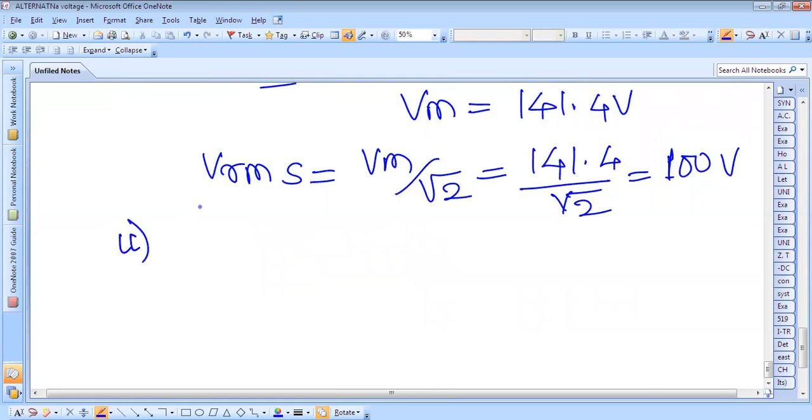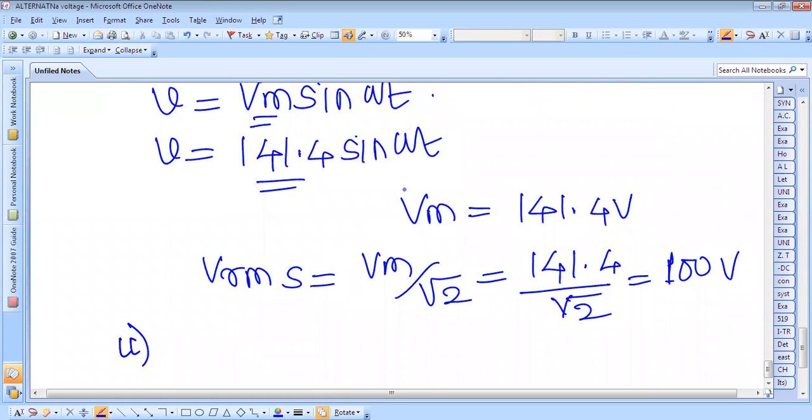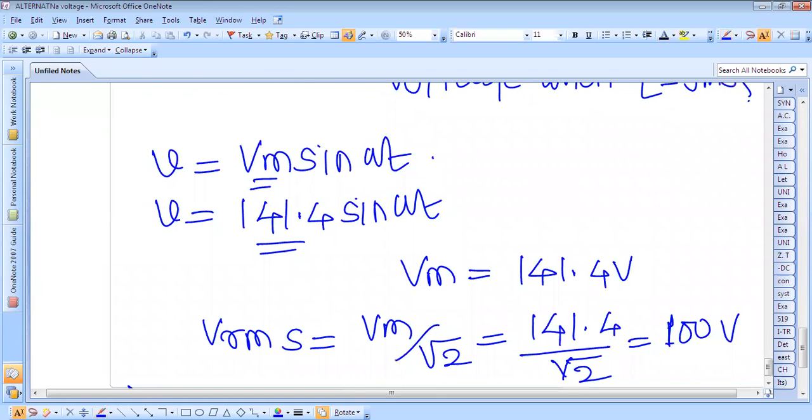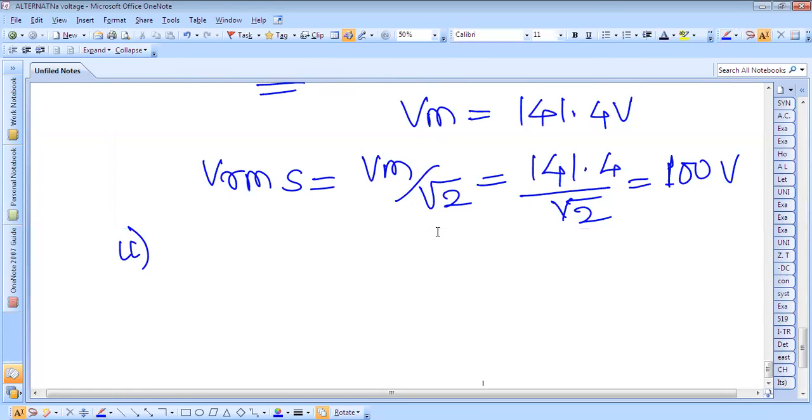Second way to find the frequency. Therefore, we have to also compare these two equations. So it is given. It is 377. Therefore, if you compare these two equations, omega is equal to 377. Omega is equal to 377, and the unit is radian per second.